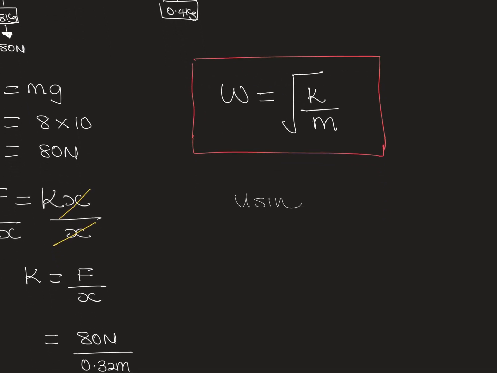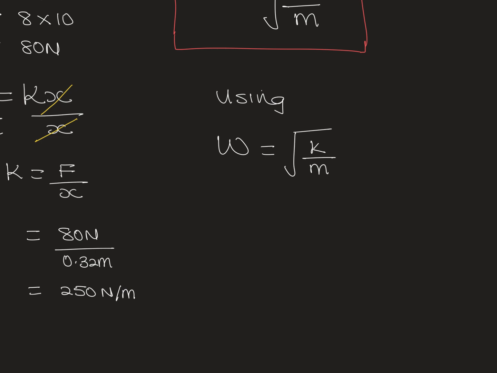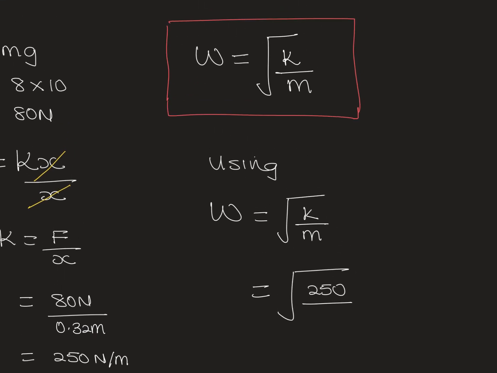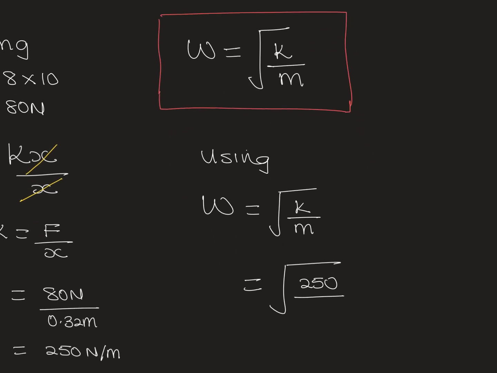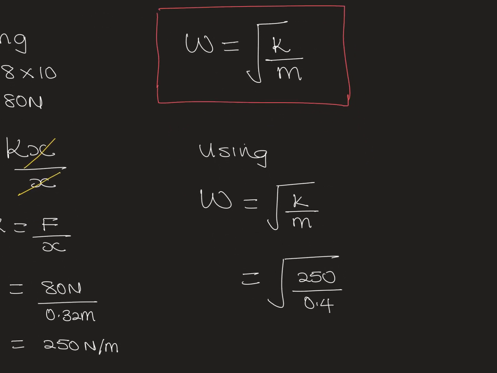Using angular frequency is equal to the square root of K divided by m. What is the spring constant that we have calculated? It is 250 newtons per meter, divided by the mass that is attached to the spring, 0.4 kilograms.